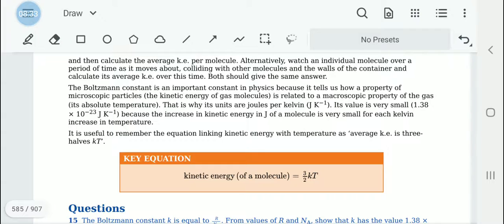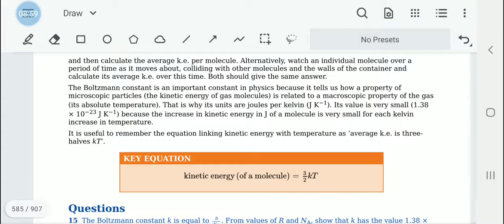Right? So now when we take the units of the Boltzmann constant, we get joules per Kelvin, which is very small, 1.38 into 10 to the power minus 23 joules per Kelvin.